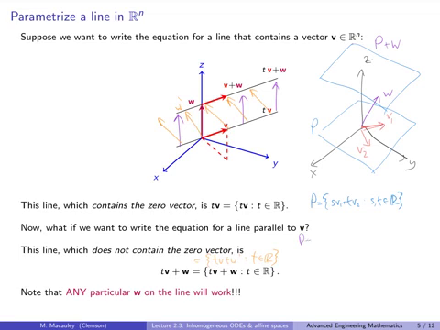So P plus w is s v1 plus t v2 plus w, where s and t are any real numbers. And any w here is going to do the trick. So notice once we're up here, w plus v1 is there, w plus v2 is down there, and we get that new plane. Now, this plane not through the origin and this line not through the origin, these are not vector spaces.